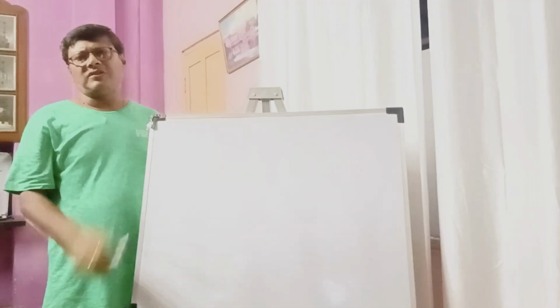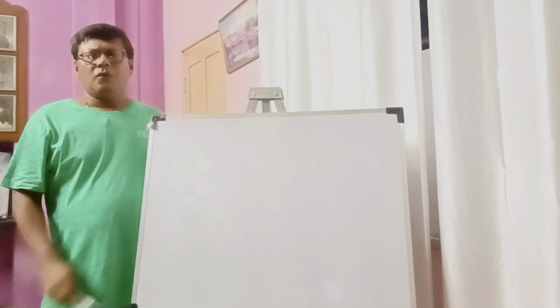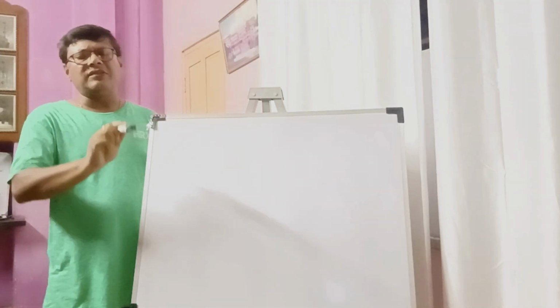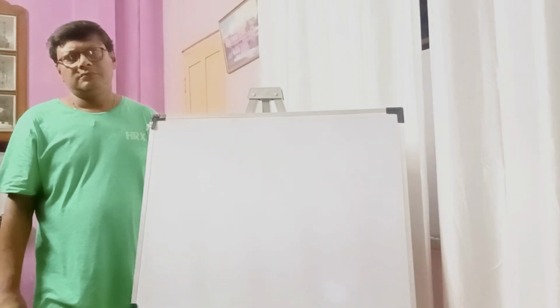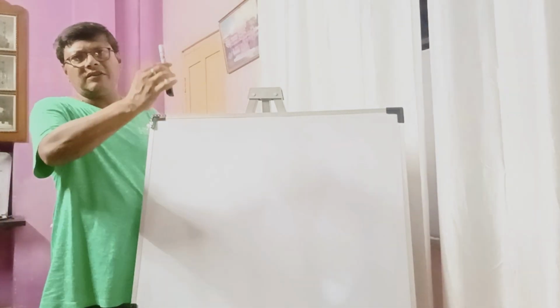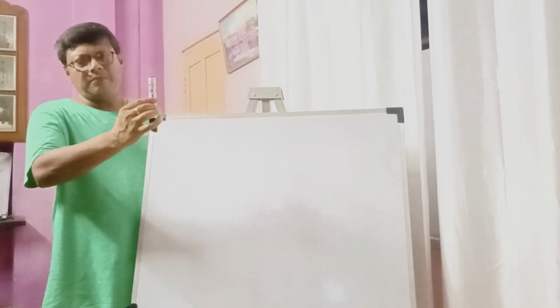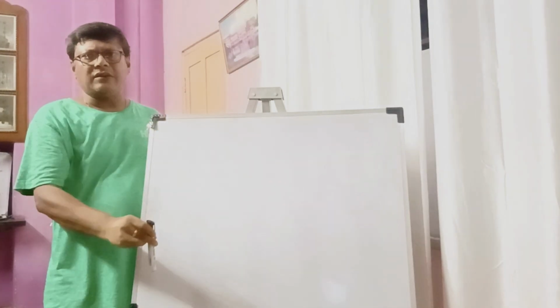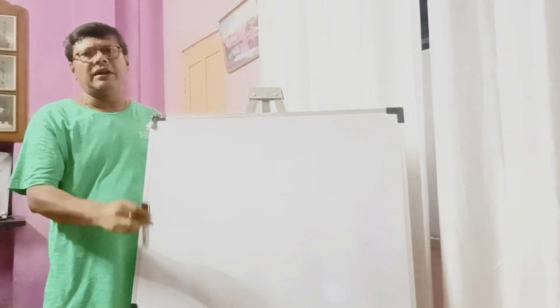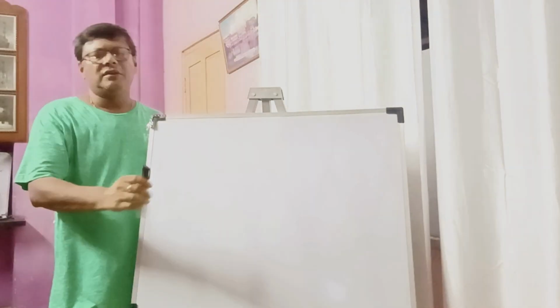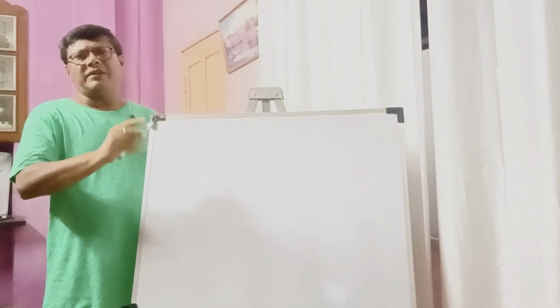In all projectile motion, we will take air resistance as 0. That is why the time of ascent, when it is going up, and the time of descent, when it is coming back to the initial point, both the times are equal.